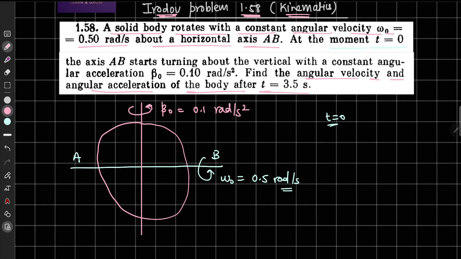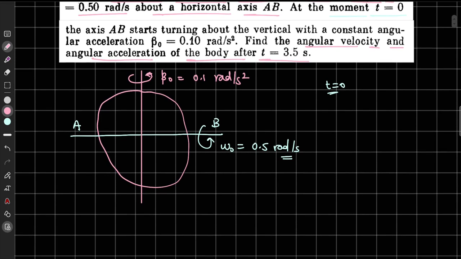seconds. So first of all, we have to understand that about this particular axis the body is rotating. Let us denote this particular axis as 1 and this particular axis as 2. The initial angular velocity omega 2 naught is equal to 0 about this axis, and we have to find the angular velocity at a particular time instant about this axis by using the kinematic equation.